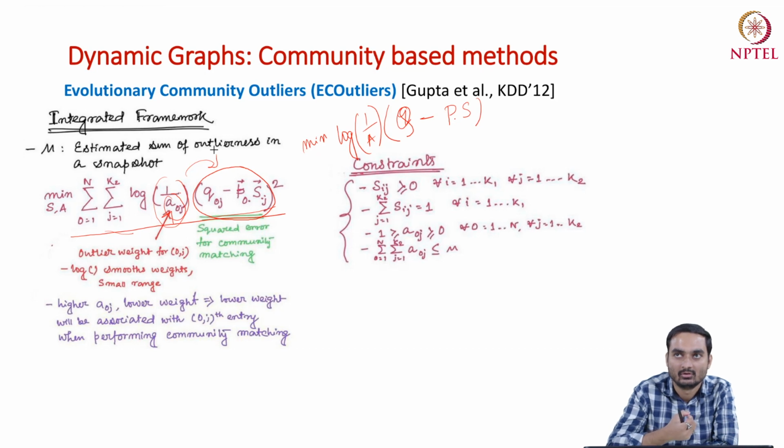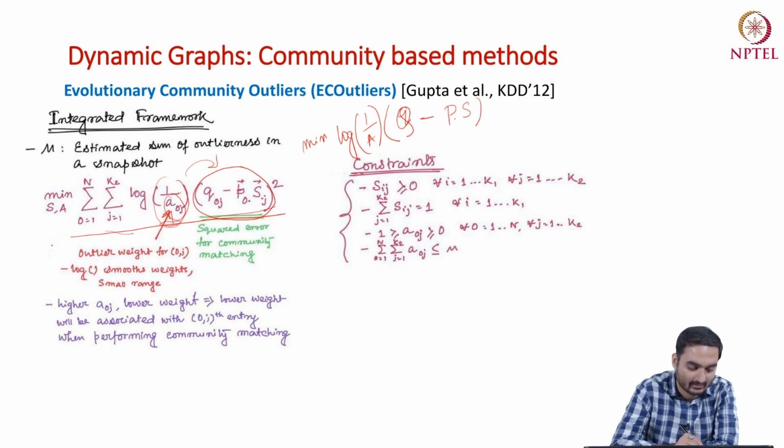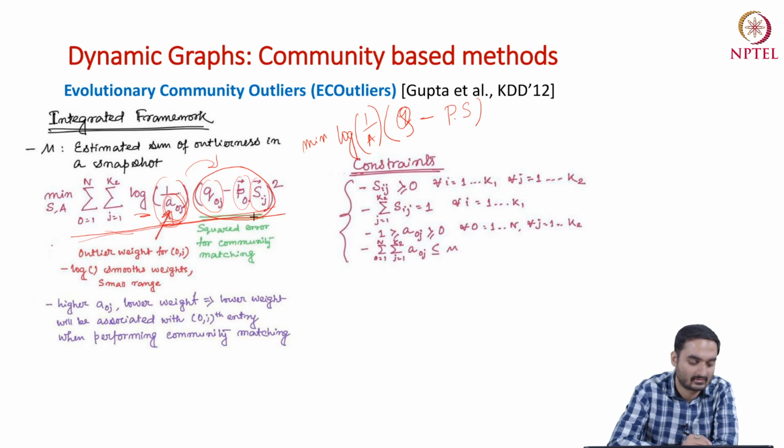The nodes which are outliers will contribute less towards this sum, and instead of taking a direct weight, we take the log weight. Again Q is known, P is known, S is unknown and A is unknown. So, we minimize this objective function with respect to S and A.